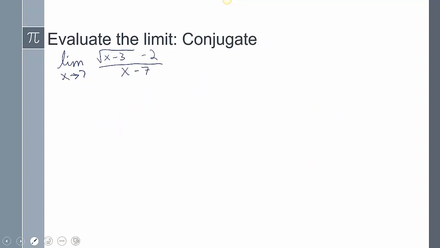Let's take a look at another one. In this instance here, we have a square root. Let's evaluate it and check. If I plug in 7 for x, when we simplify this, I once again get 0 over 0. So I'm going to have to use algebra to simplify this further.